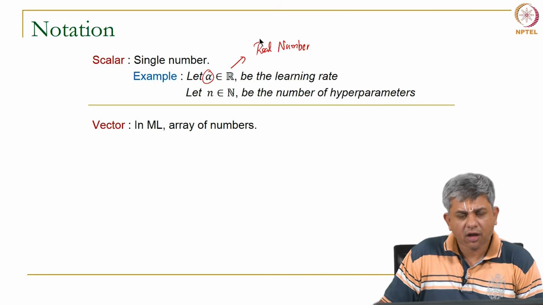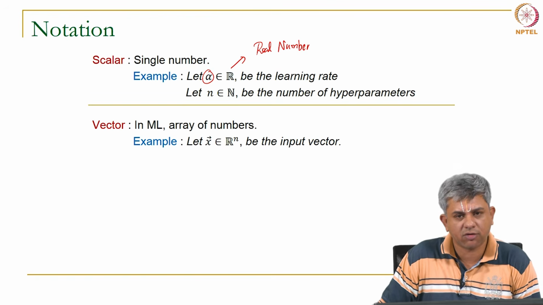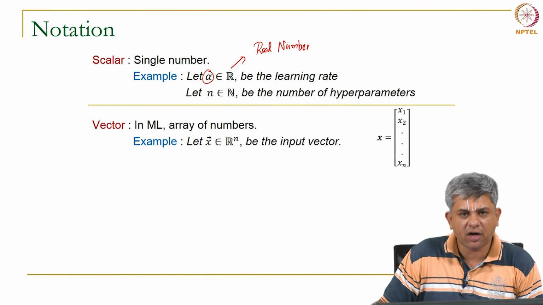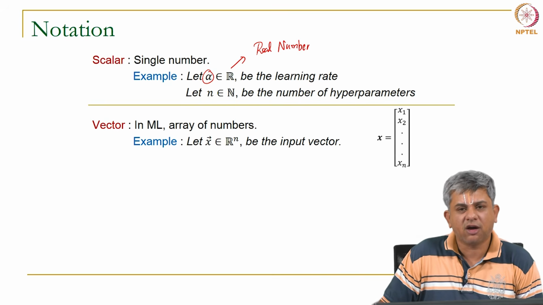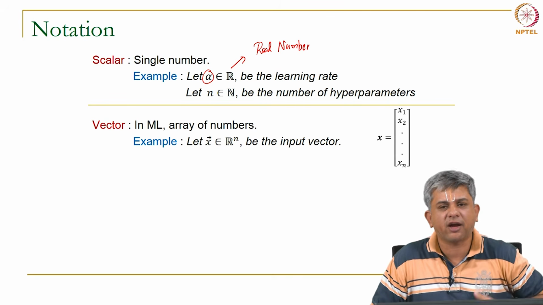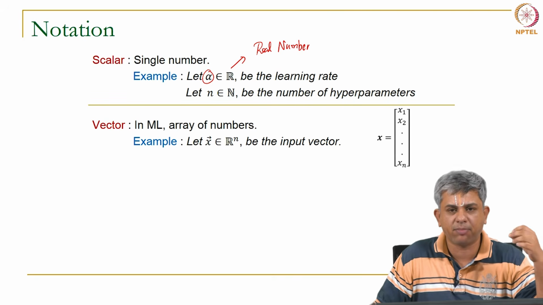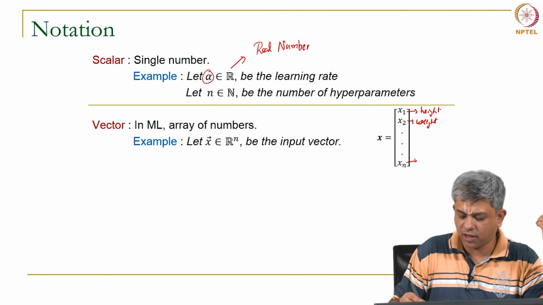A vector in machine learning is simply an array of numbers. Typically in physics or even in hardcore mathematics, vectors have very specific meanings. We are not looking at that; we are looking at any series of numbers, even if unconnected. For example, x1 could be height, x2 could be weight, xn could be number of people.